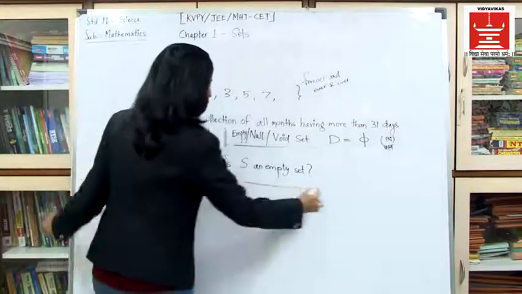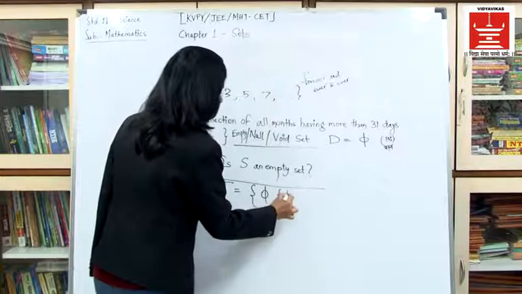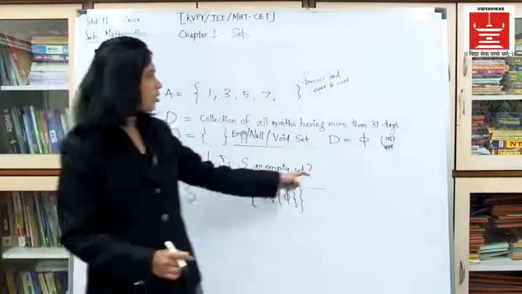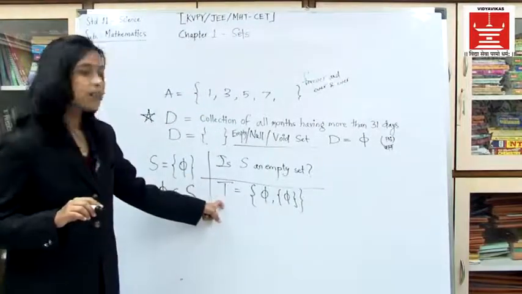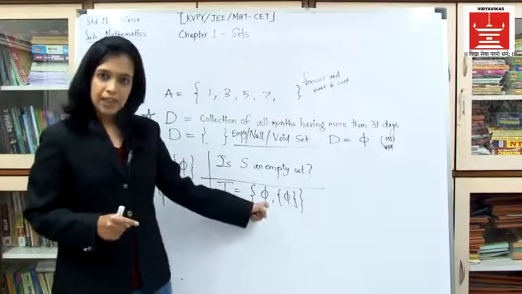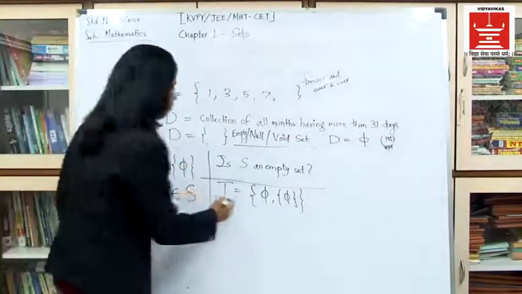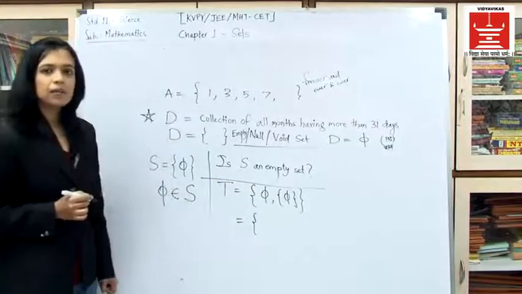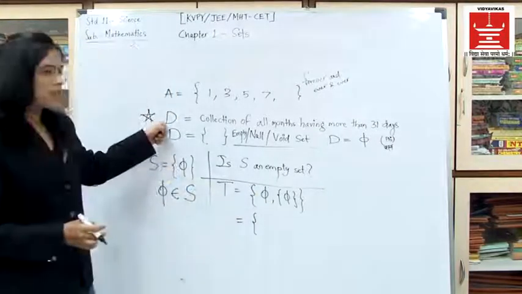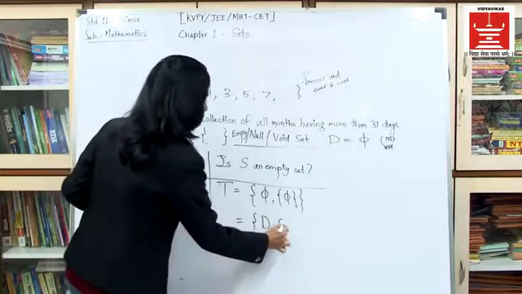Suppose if I write something like this, say set T. Can you say that this set is empty just because it features phi? No. In fact, the set T has two members, two elements, out of which one is an empty set and the other is a set containing empty set, S. So, alternatively, you can say that T is a collection of two sets, D with respect to this context, and S with respect to this context.